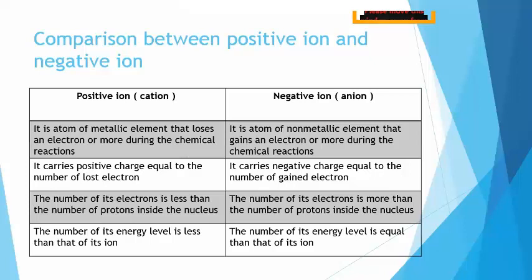Because it loses the electrons of the outermost energy level. So the ion contains fewer energy levels than the original atom. But in the negative ion, the number of energy levels is the same in the atom and in the ion.